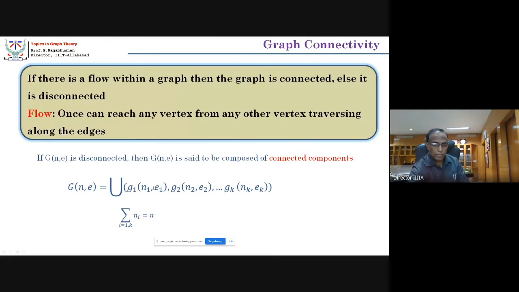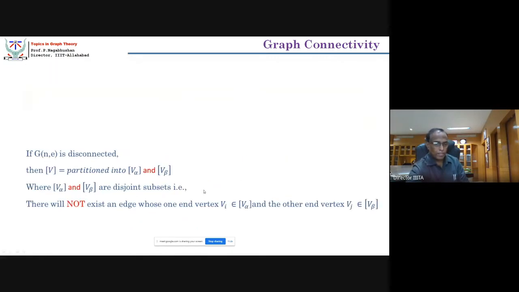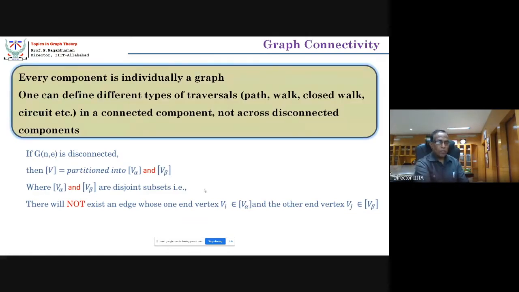Obviously, the total number of edges is also equal to E. So N and E will satisfy all the stipulations of a graph. Similarly, any nk, ek, any n2, e2 will also satisfy the conditions of a graph. So every component is individually a graph.